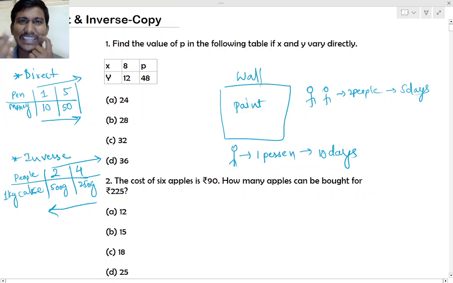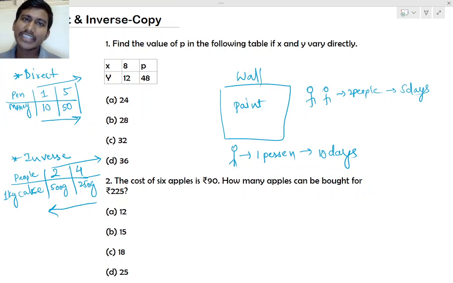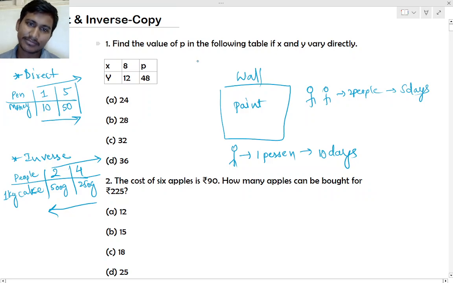So what is happening? It is decreasing. If there are more people, there is less time. That is the inverse. More people, fewer days. But in direct, more people means it will be more. Understand?